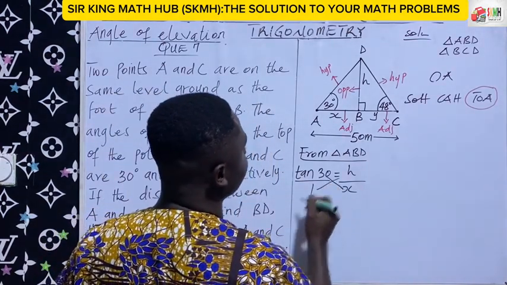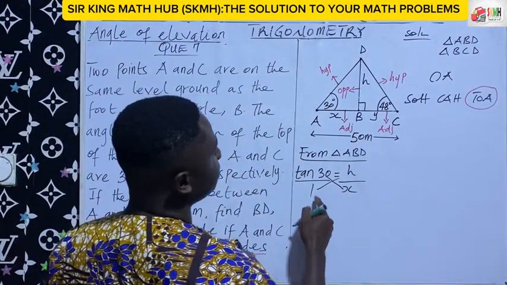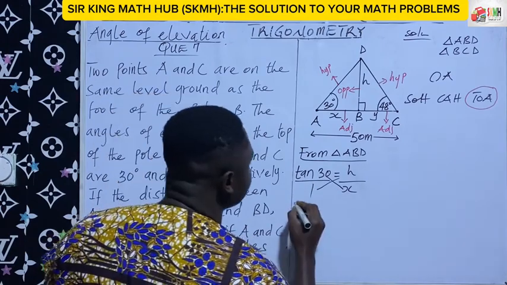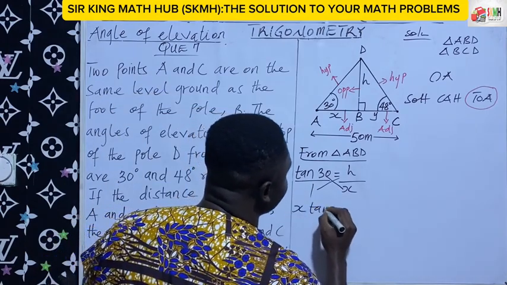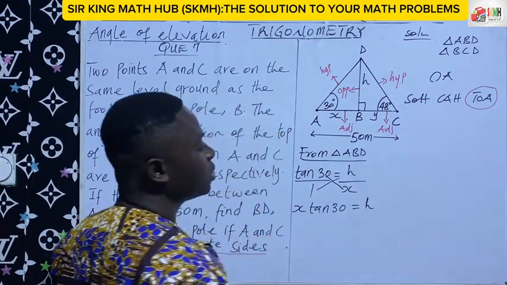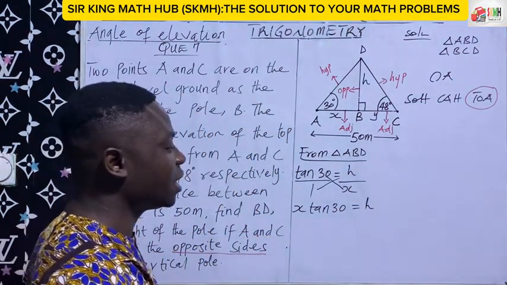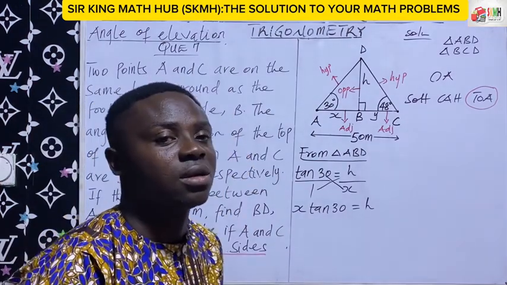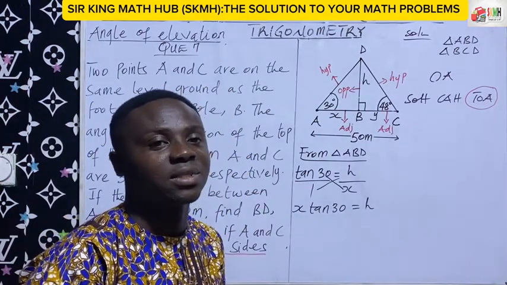We can cross multiply. So what is X times tan 30? That should give us X tan 30, and then 1 times H. Now let's make X the subject. Why are we making X the subject?